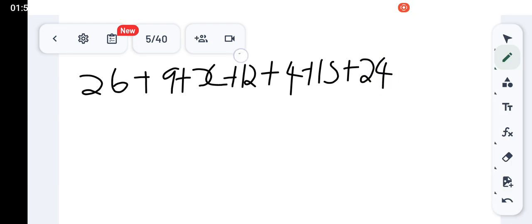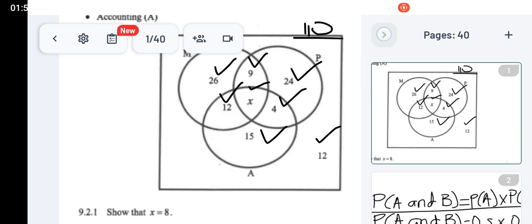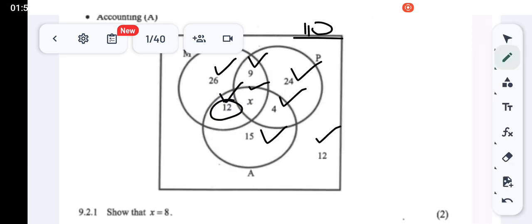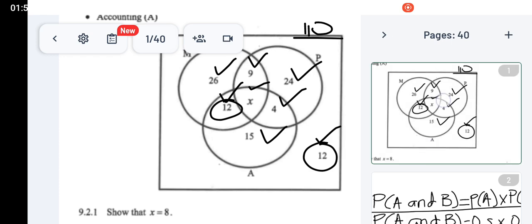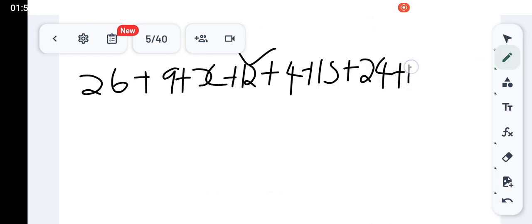Oh, 12 is already here, there are two 12s, yes, it's this 12 and this one, so plus 12, and then this is equal to 110.